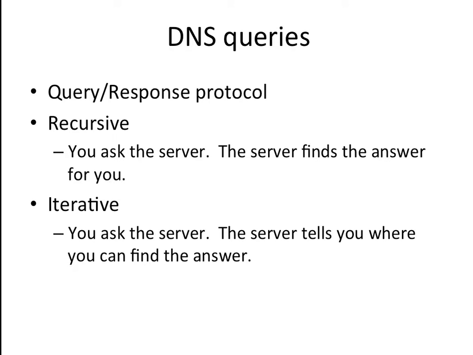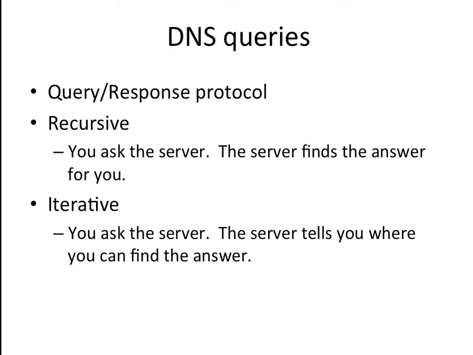An iterative query is a query where you ask the server and the server doesn't go find it for you. The server tells you who else you can ask next. So for example, we have this idea of root name servers that are kind of in charge of everything. They know where all the other name servers are. So if you ask your name server a question, say you want to know where hack.edu is, then your name server might tell you, I don't know, you should go ask the root name server.